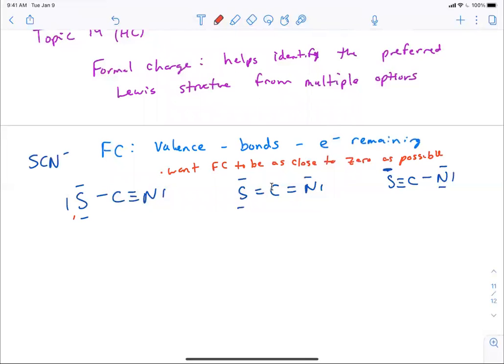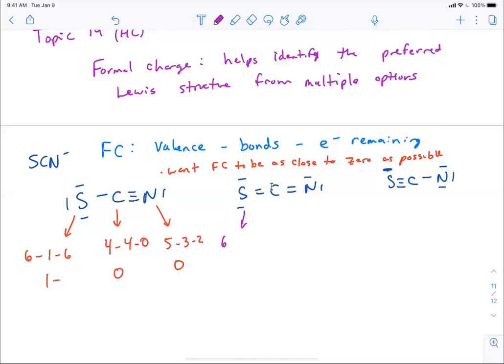So for example, here, S has 6 valence electrons normally. It has 1 bond. It has 6 electrons remaining around it. So it has a -1 charge here, or 1 negative charge. C has 4 valence electrons. It has 4 bonds and 0 extra electrons. So that's 0. N has 5 minus 3 minus 2. That's 0.